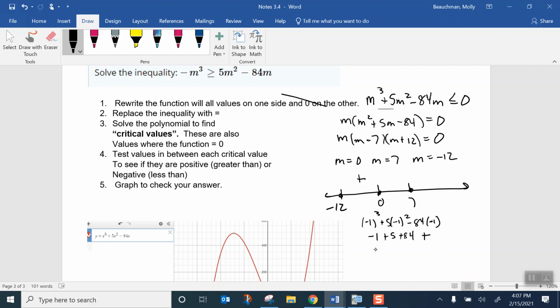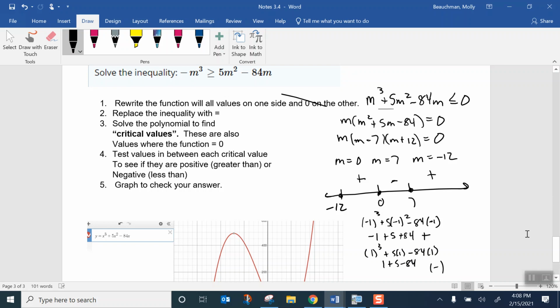Then test a 1. I get 1 cubed plus 5 times 1 minus 84 times 1. That gives me 1 plus 5 minus 84. That's going to be negative. That tells me that all the values between 0 and 7 are going to be negative. And then if I test a value to the right of 7, I'll get positive.